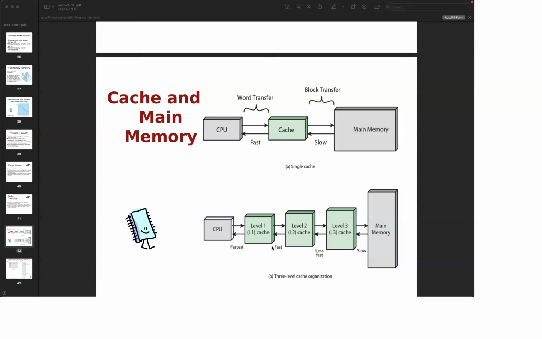If I finish the task but have to wait for reading data or for the information to be sent, it's wasting time. So we ask, can we add some cache or buffer? If there's something I retrieve regularly, then I can increase the speed.